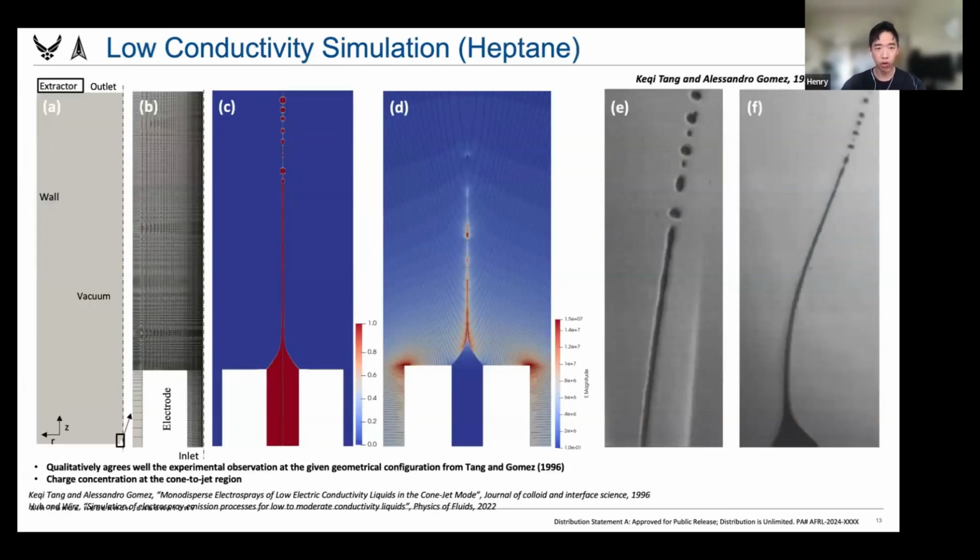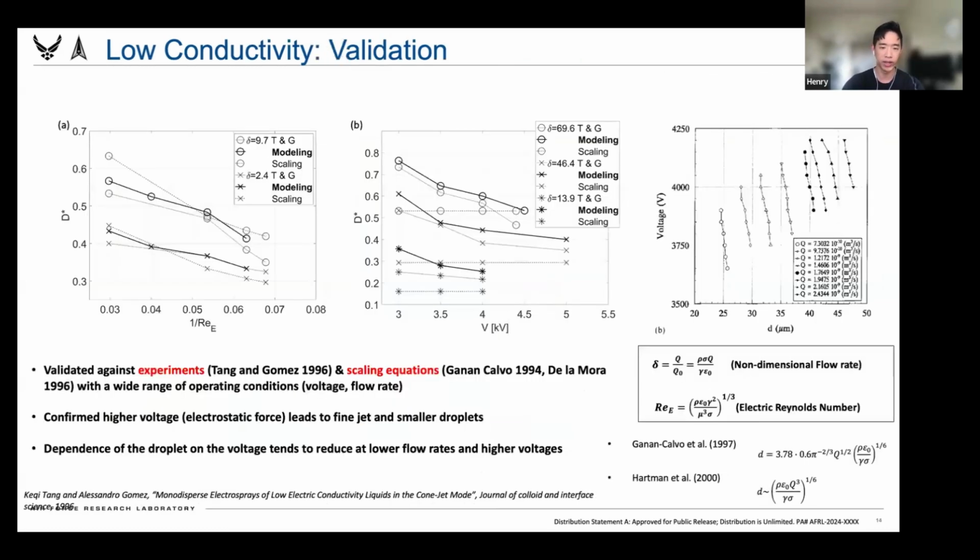We were able to get the low conductivity simulations compared with Gañán-Calvo and Gomez in 1996, and it looked pretty good compared to the results. We were also able to validate some of the diameter results or even scaling equations, changing the voltage, electric Reynolds number, or even different flow rates.